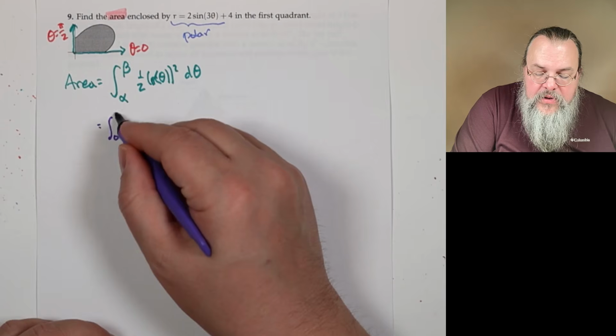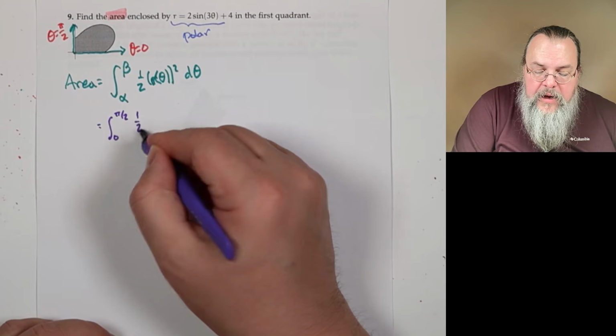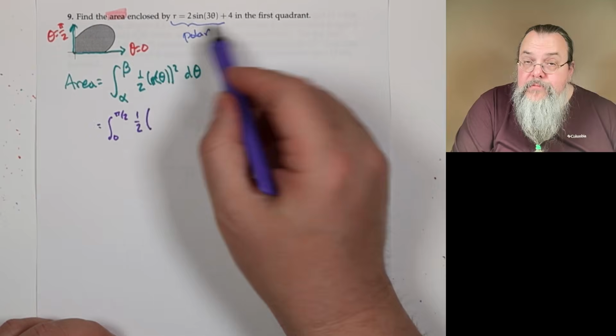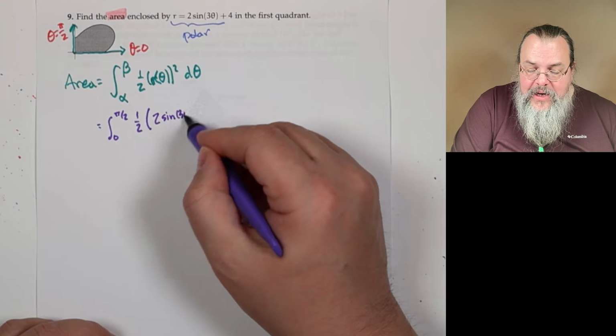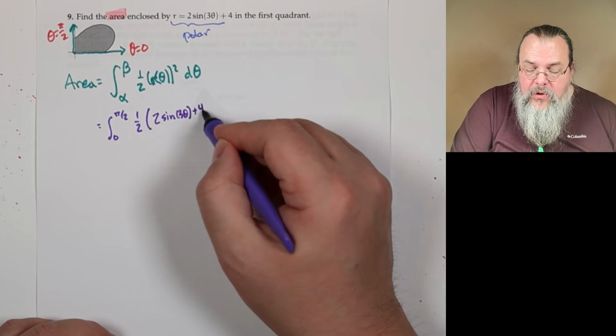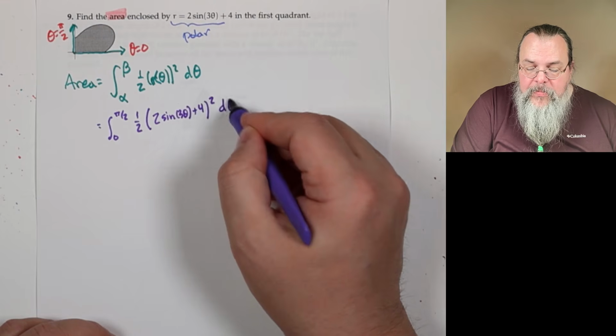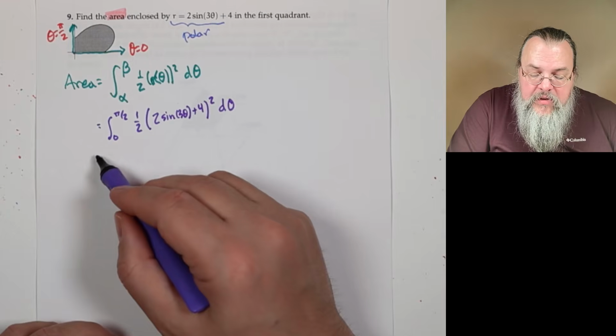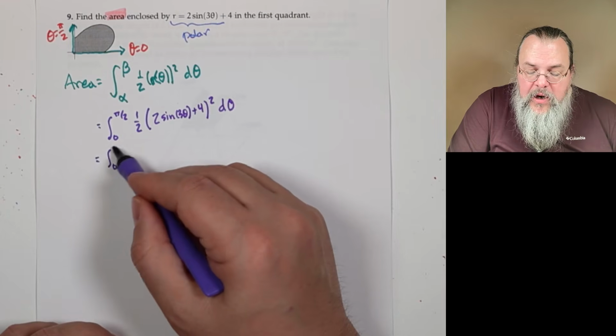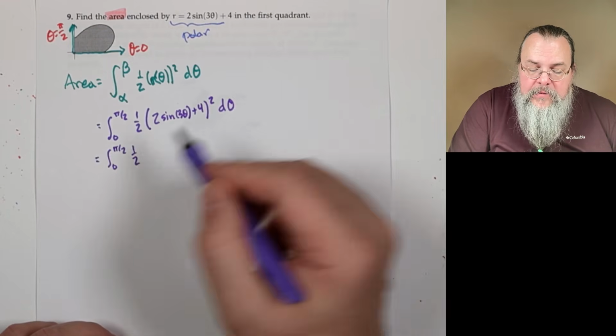So we write that down: 0 to pi over 2, 1/2, and now r is right here: (2 sine 3 theta plus 4) squared. Let's clean up the inside. 0 to pi over 2, we have a 1/2.